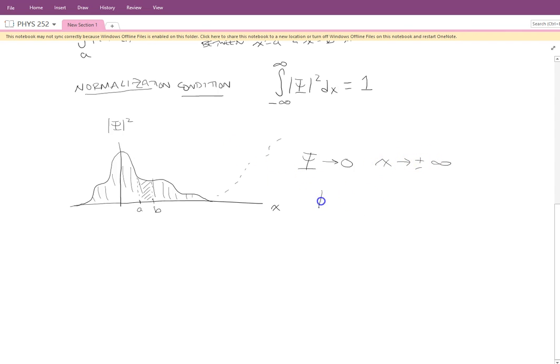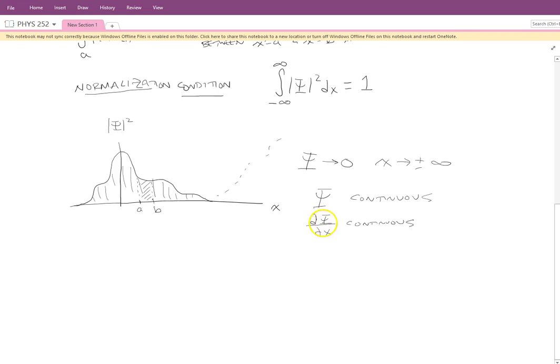Another condition is that psi has to be continuous. You can't have kinks in it if it's going to represent a probability distribution when you square it. And also, this isn't as obvious, the derivative of psi, this is really a partial derivative of psi with respect to x, also has to be continuous. Actually, I misspoke.